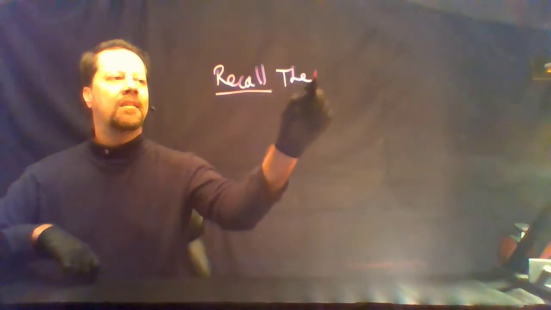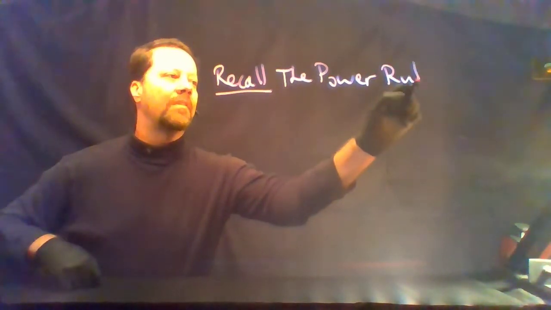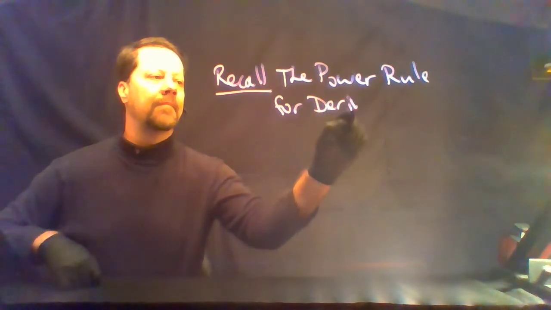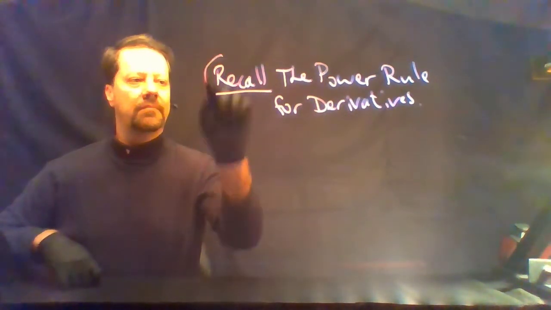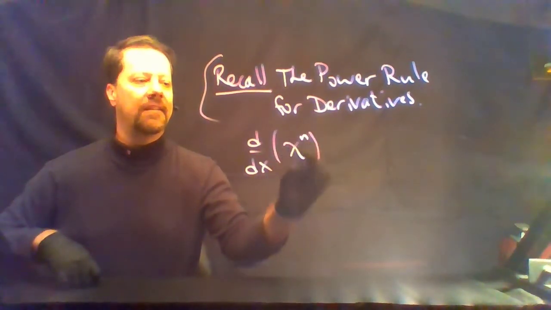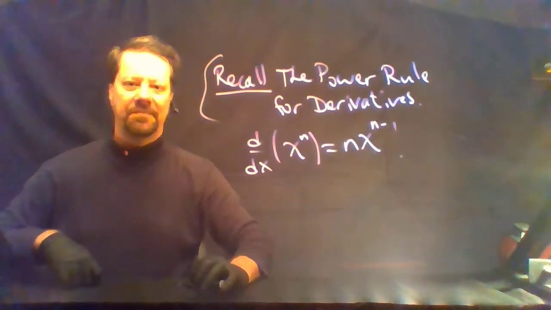Now, recall we had the power rule for derivatives. If we took the derivative of x to the n, that gave us n x to the n minus 1.